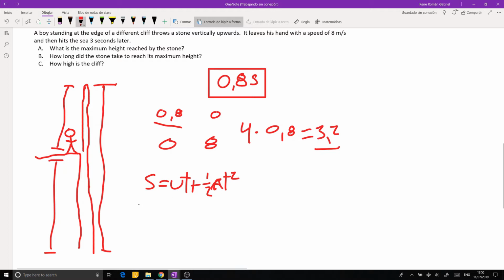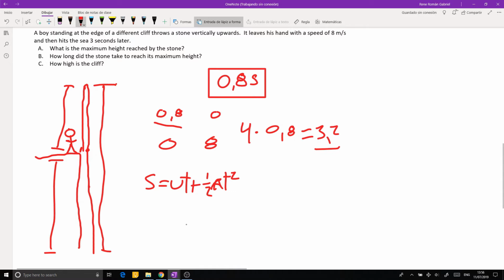Now we substitute. s is what we're looking for, equals ut, where u is the initial velocity. One might think, how are we going to figure out initial velocity? Oh wait, it's 8. They ask us for initial velocity here, but since it's going up and down and there's nothing giving any extra motion, it'll also be 8 here.